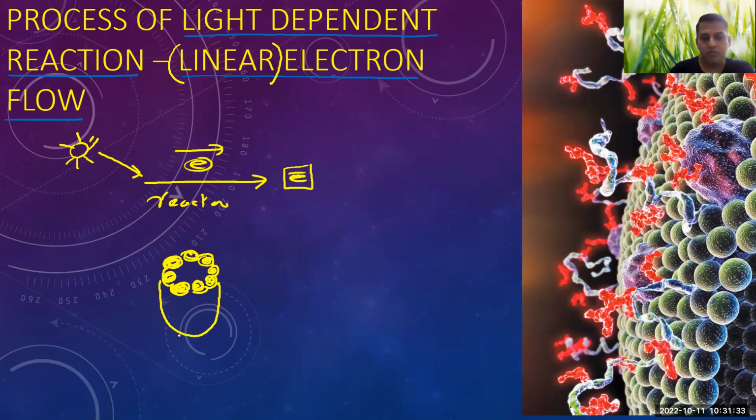It consists of pigments: chlorophyll A, chlorophyll B, and carotenoid. In the reaction center, we have a primary electron acceptor and a pair of chlorophyll A molecules. And this photosystem is located in the thylakoid membrane.